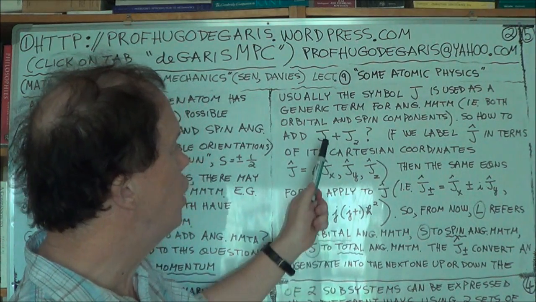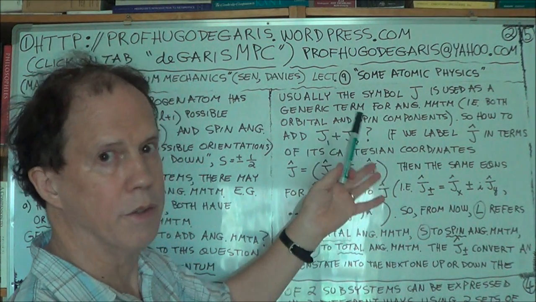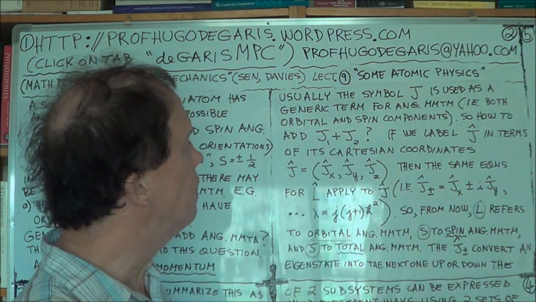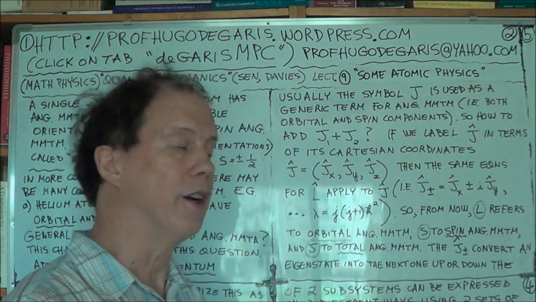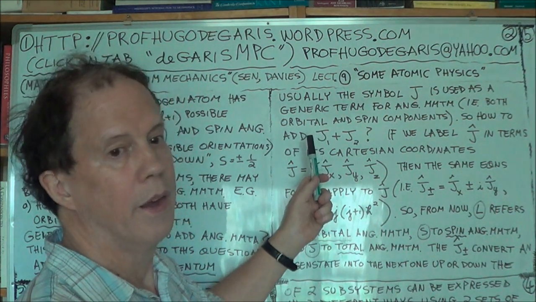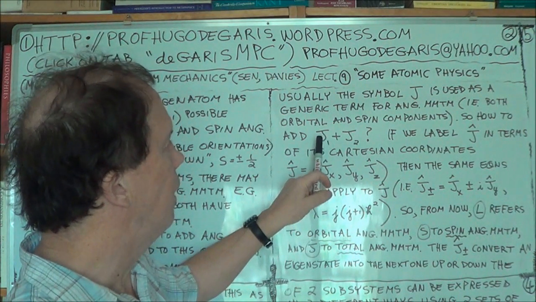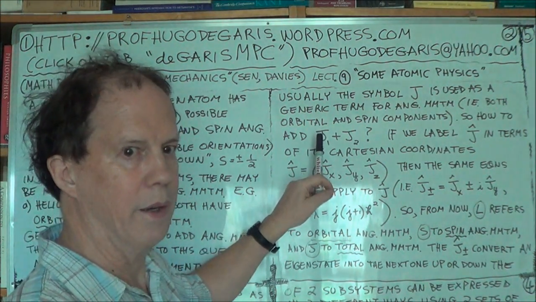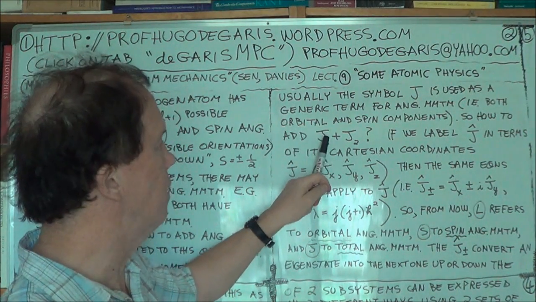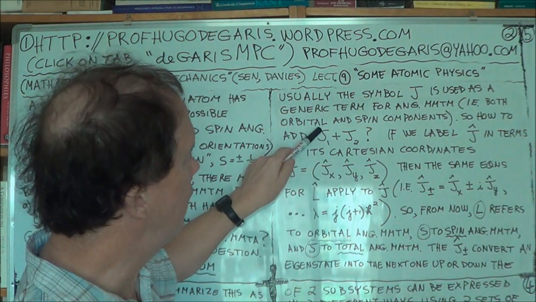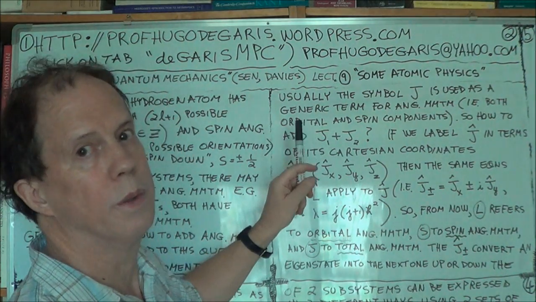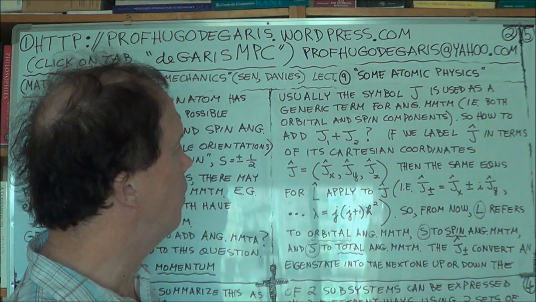Okay? And J is the generic symbol for either. So J could be either an L or an S, if you see what I mean. So J hat stands for either L hat or S hat. Without the hat, it's called the total angular momentum.